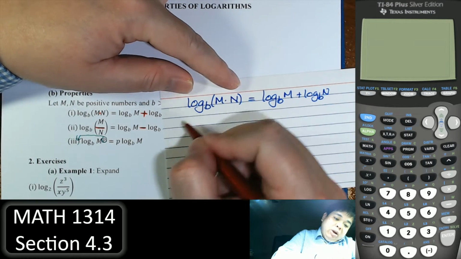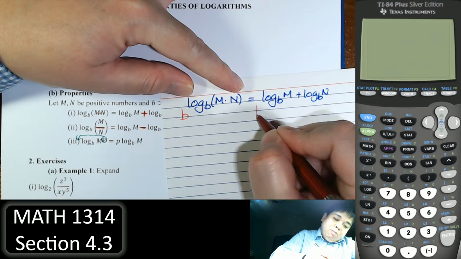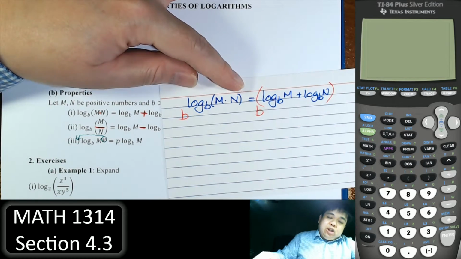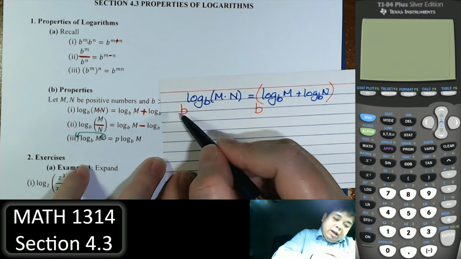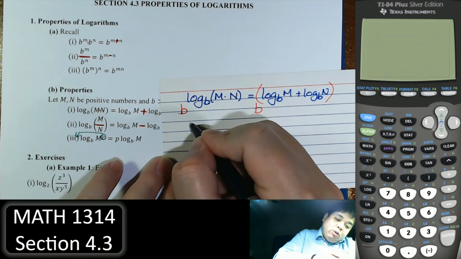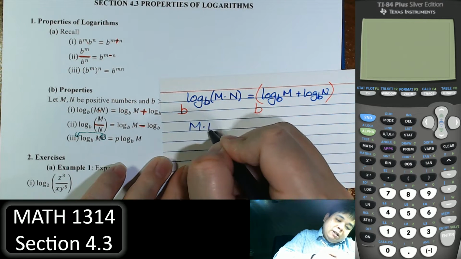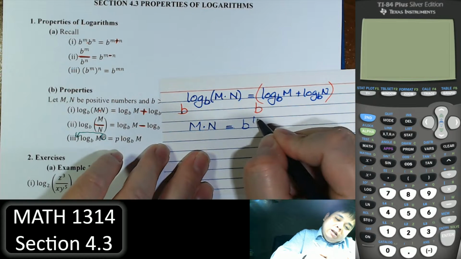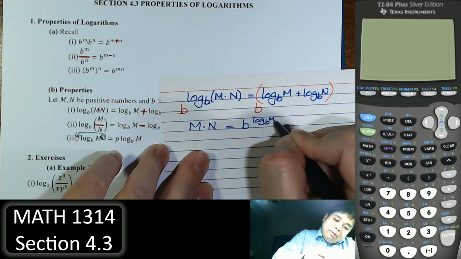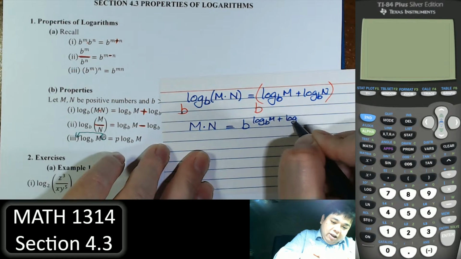But what we can do is raise both sides to the exponent for b. So b to the power of both sides. Base b and base b cancel out. We have m times n. And we will write this as b to the log base b of m plus log base b of n.